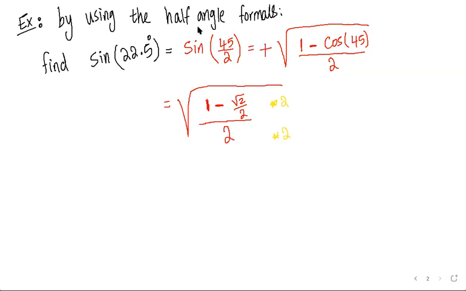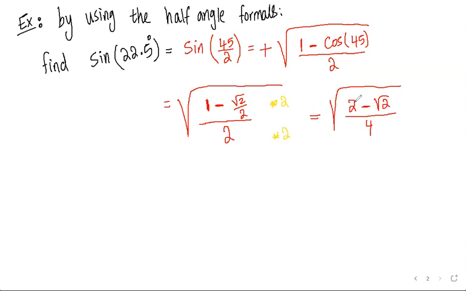So multiplying the numerator by 2, multiplying the denominator by 2, is actually like multiplying by 1, because 2 over 2 is 1. So now I get 2 times 1, 1 times 2 is 2, minus square root of 2 over 2 times 2 is square root of 2, over 2 times 2 is 4.